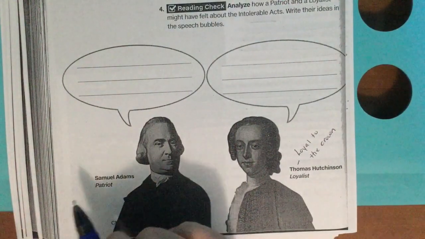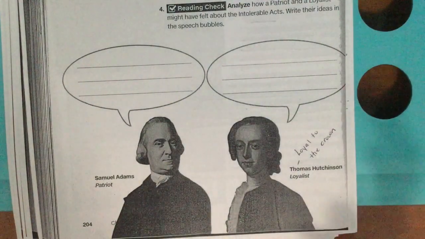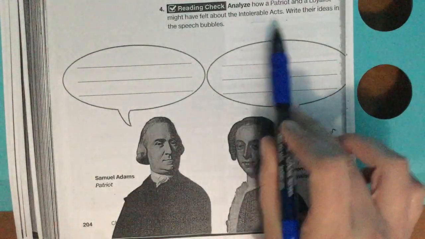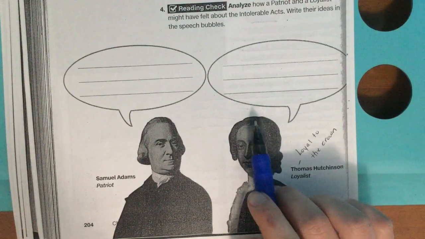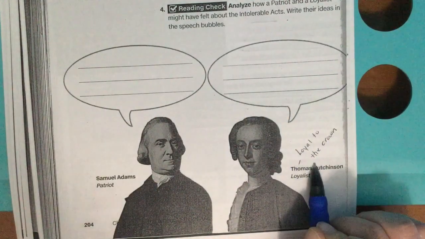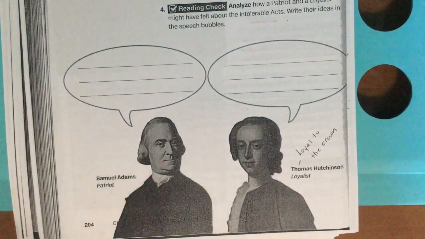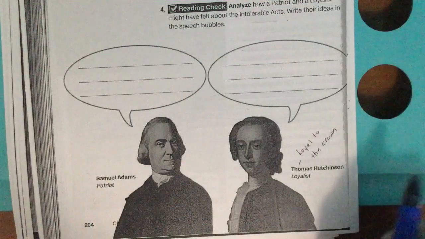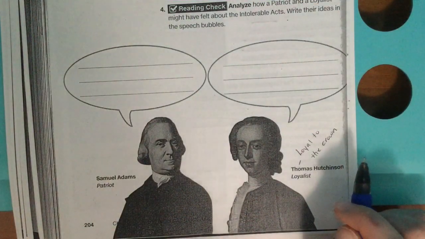Patriots are the ones who wanted colonists to be on their own, okay? So I want you to think, what might they be saying about what's going on? So loyalists agree with the crown, patriots go against that. Okay, so pause the video, take a few seconds to jot down your ideas, and then we will move on.